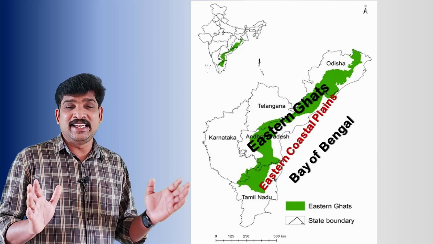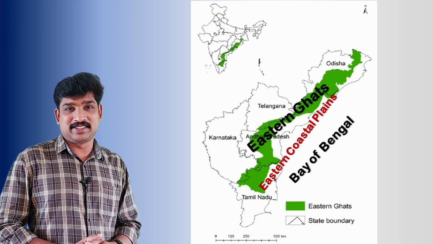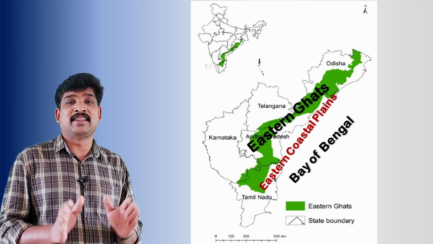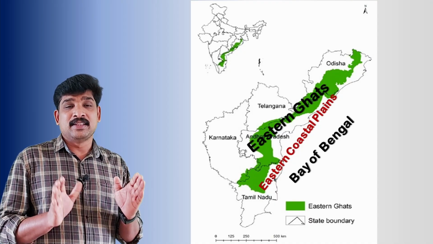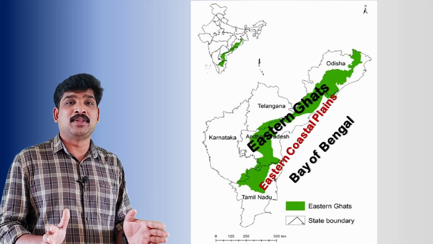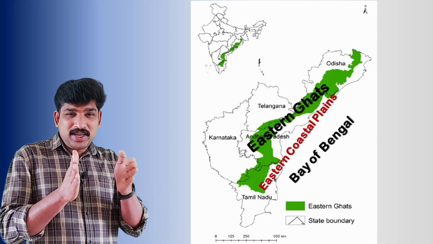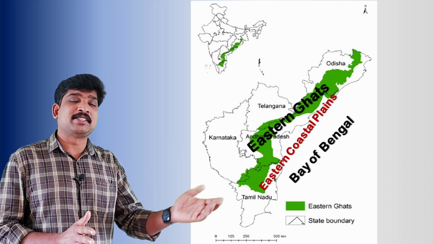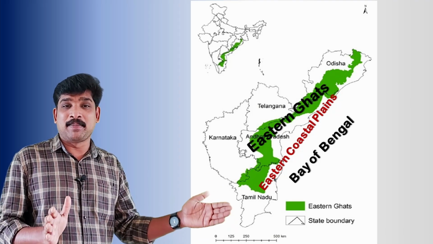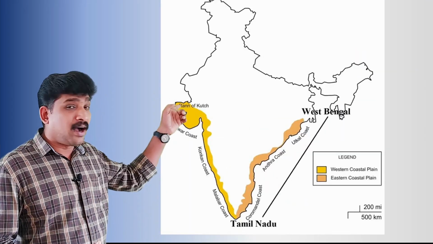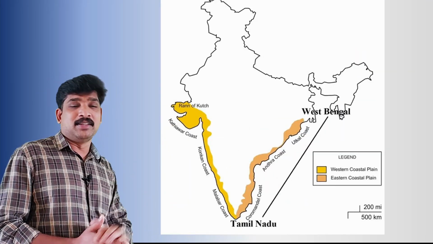Now let us learn in detail about the eastern coastal plains. The eastern coastal plains lie between the Eastern Ghats and the Bay of Bengal. These plains are wider compared to the western coastal plains. Western coastal plains were very narrow, but eastern coastal plains are not narrow, they are wider. They extend from Bengal to south in Tamil Nadu.